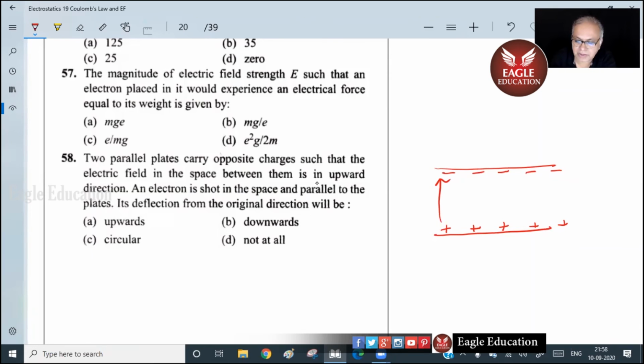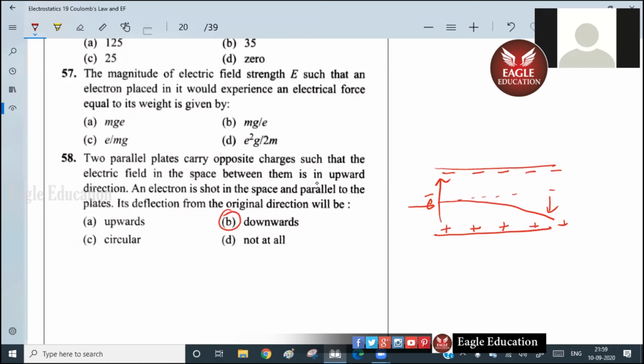Parallel plates like this, an electron is fired. So it goes like that. It should have gone like this, just shifted down. Right? Understood, sir. Yes, sir.